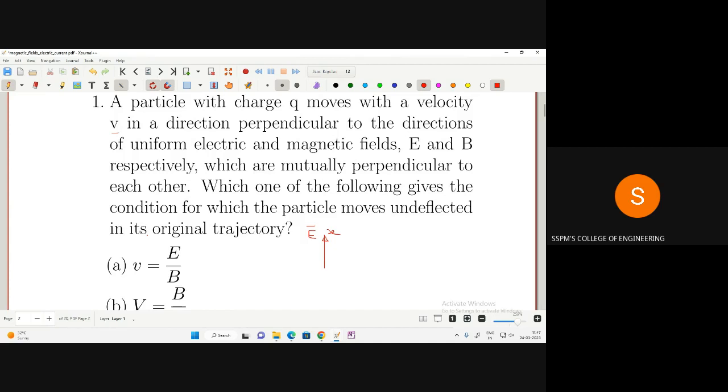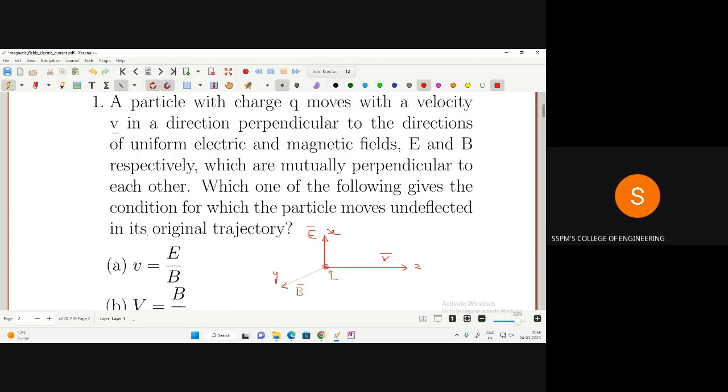The magnetic field is directed along the y-axis. And the velocity vector V bar is directed along the z-axis. And the charge q is placed here at the origin.